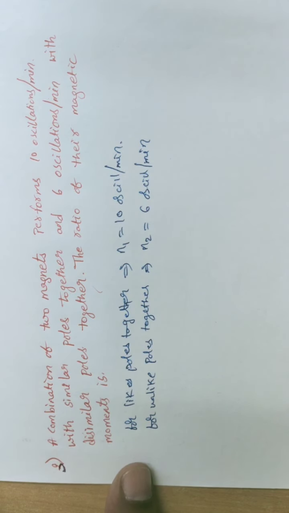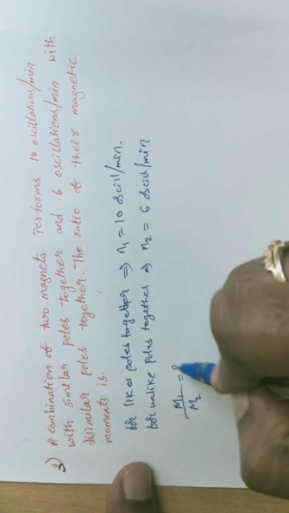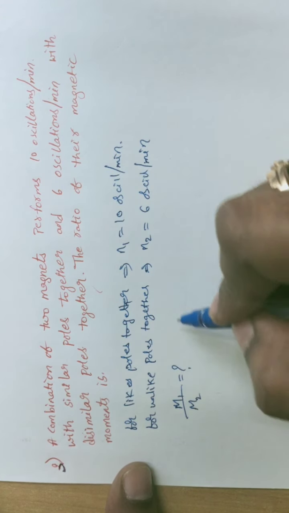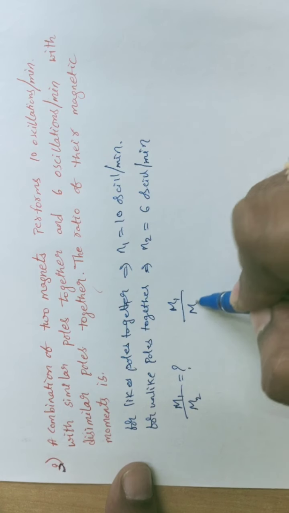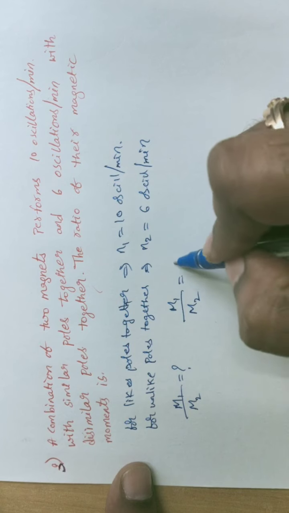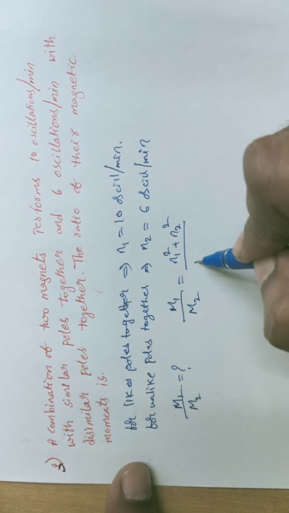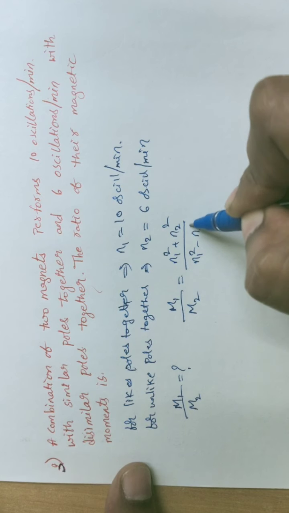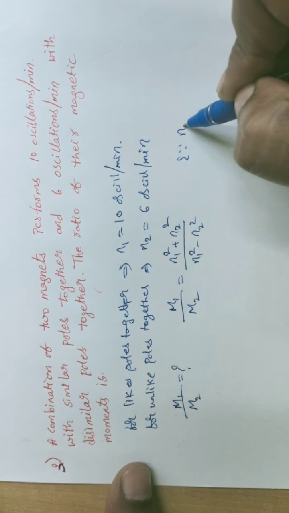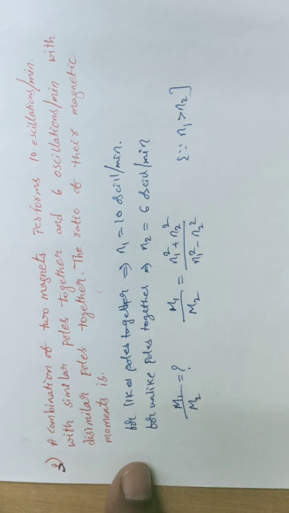Okay, the ratio of the magnetic moments is expected: m1 divided by m2 is equal to how much. Here we have one formula: m1 divided by m2 is equal to n1 square plus n2 square divided by n1 square minus n2 square. Since n1 is greater than n2, in the denominator I am taking n1 square minus n2 square, students.